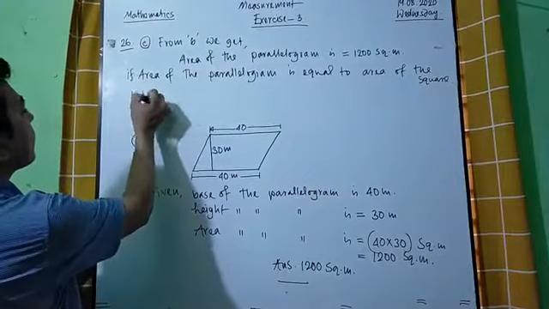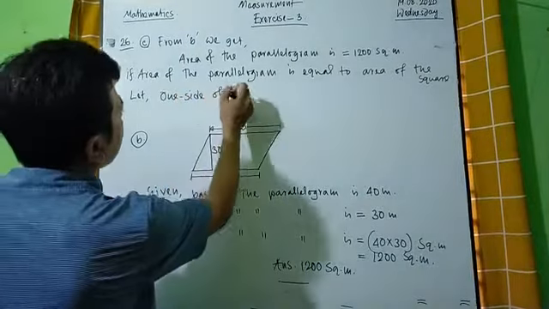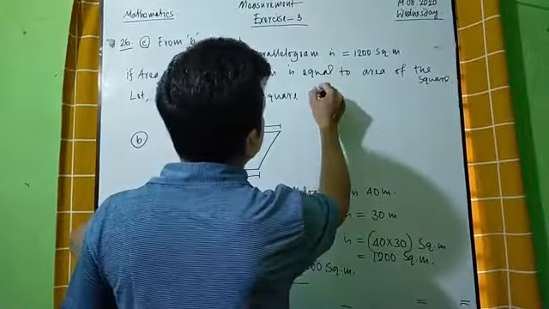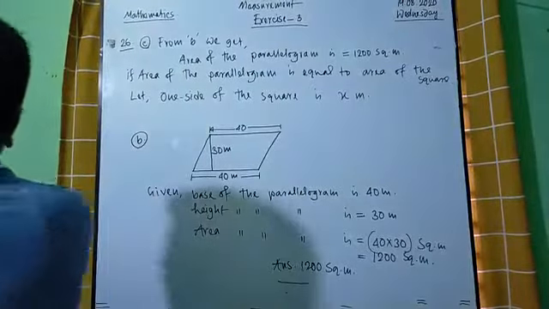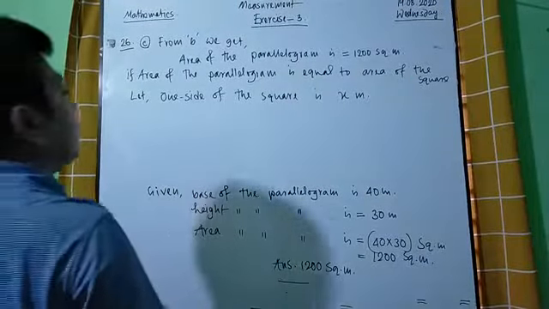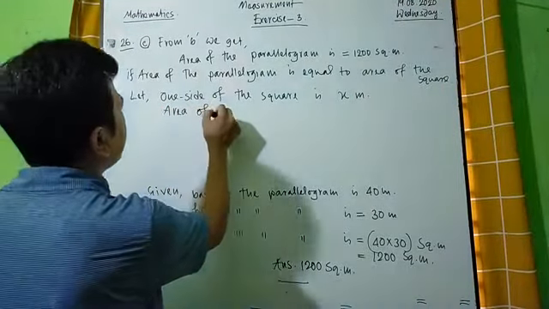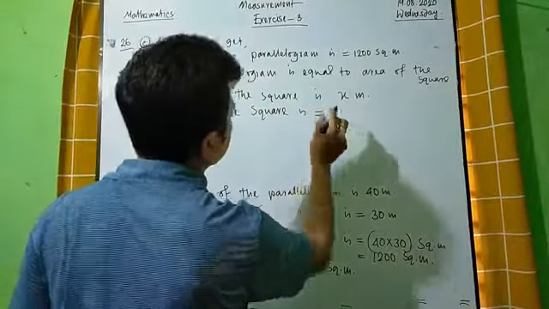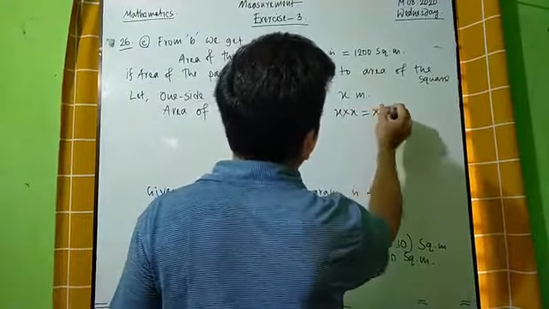Let one side of the square be x meter. One side of the square is x meter, so area of the square is x into x equals x square, or directly you can write x square.